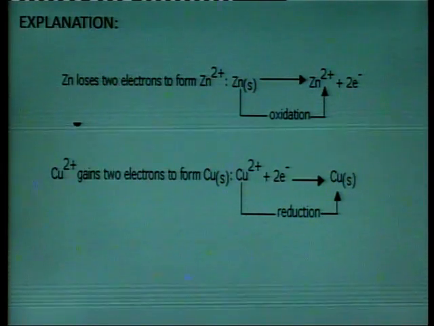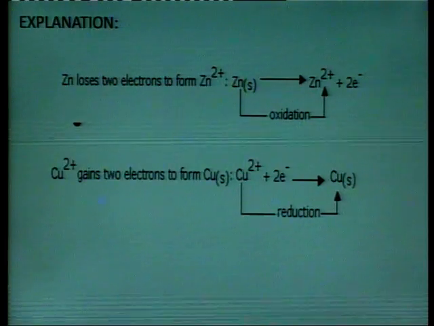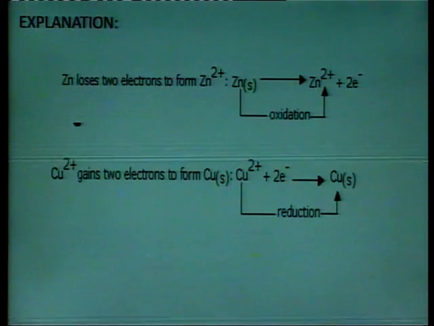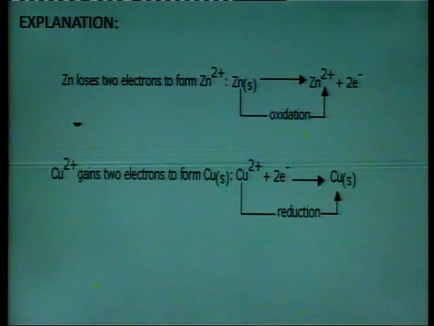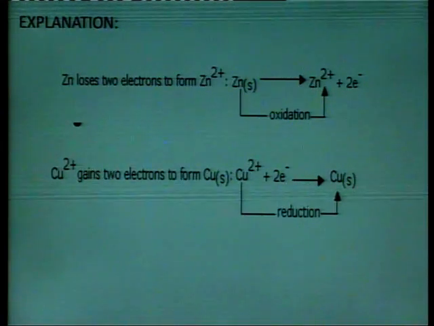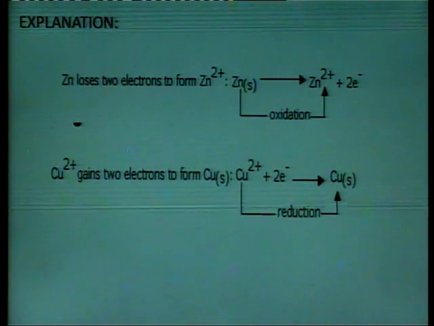In the second observation, some metallic copper will be seen at the bottom, because the process of reduction is also taking place. In this process, copper ions will gain 2 electrons which come from zinc and they change into copper solid.